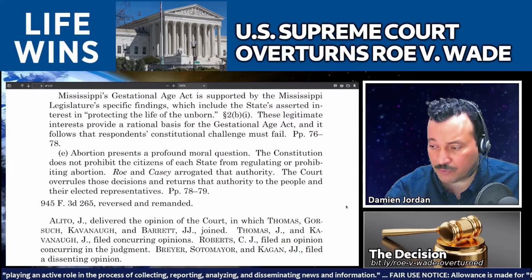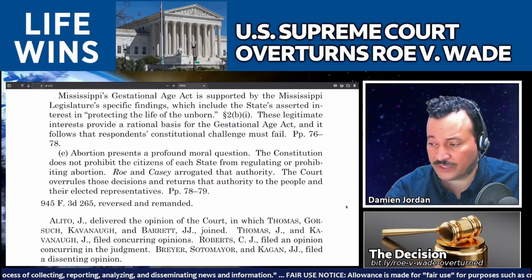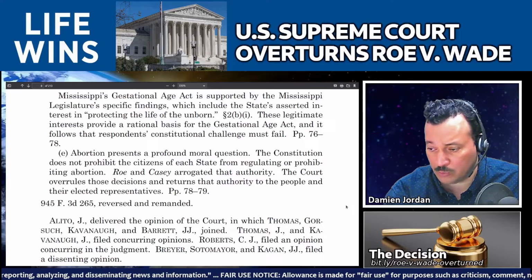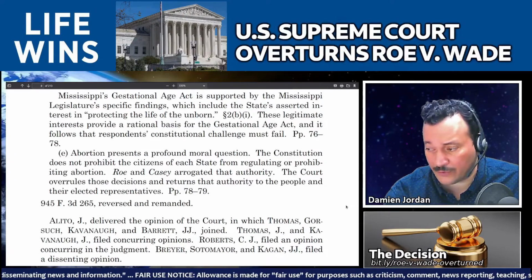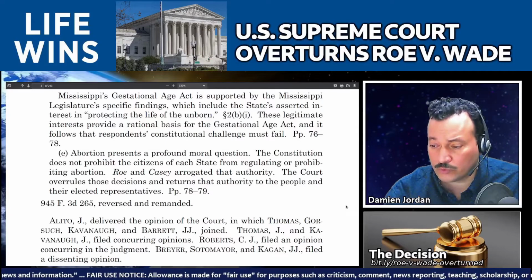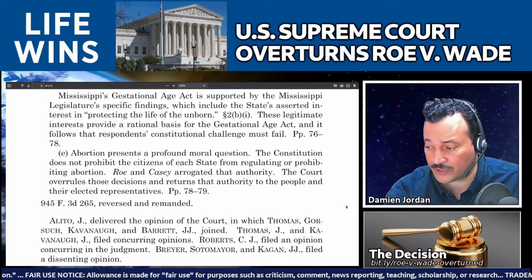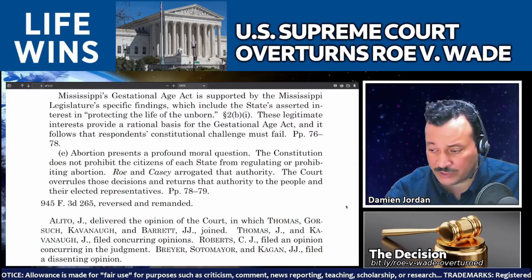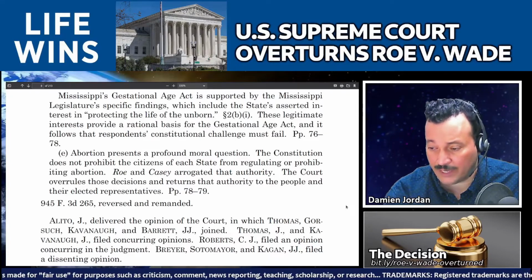Abortion presents a profound moral question. The Constitution does not prohibit the citizens of each state from regulating or prohibiting abortion. Roe and Casey arrogated that authority. The court overrules those decisions and returns that authority to the people and their elected representatives. Reversed and remanded.